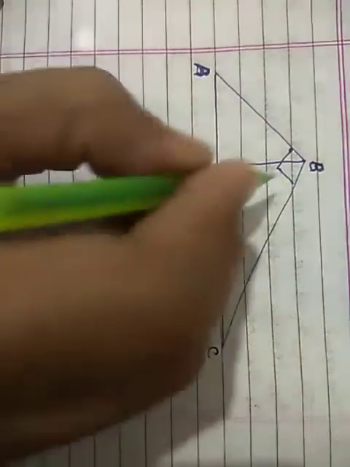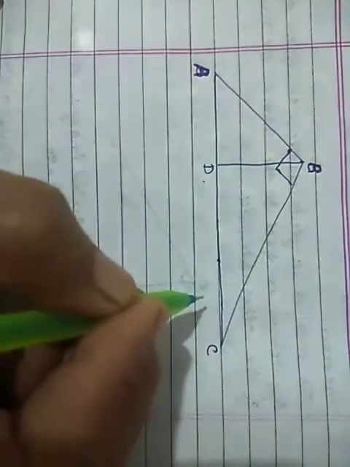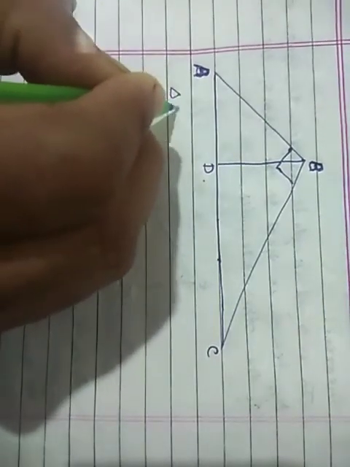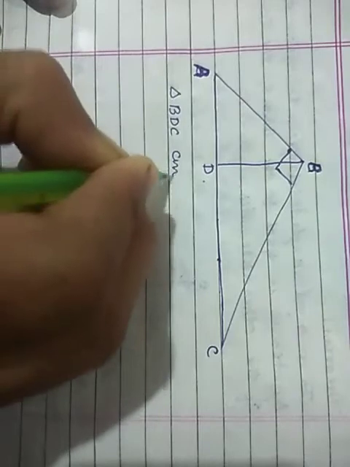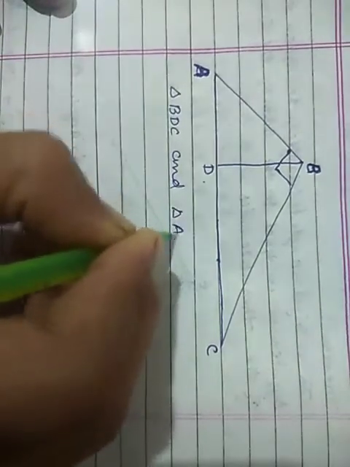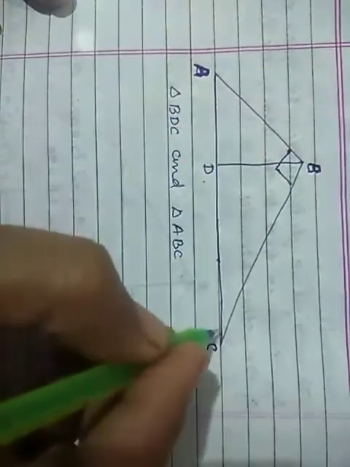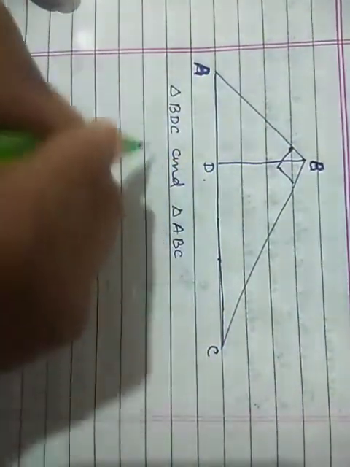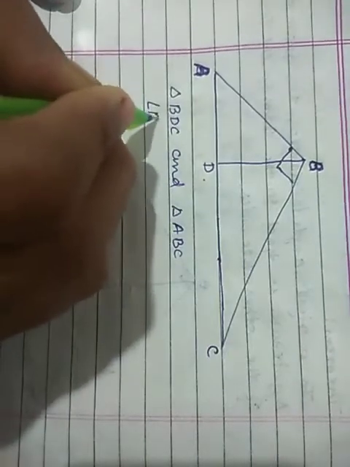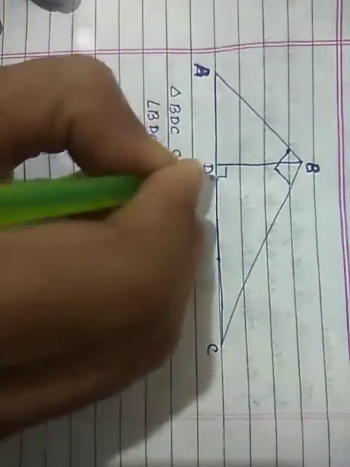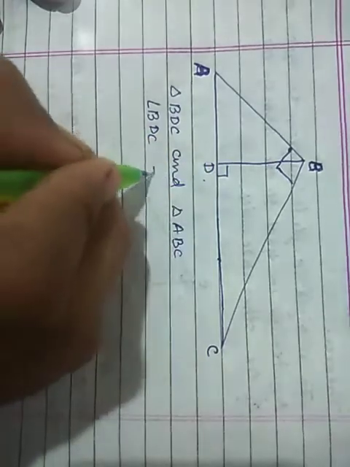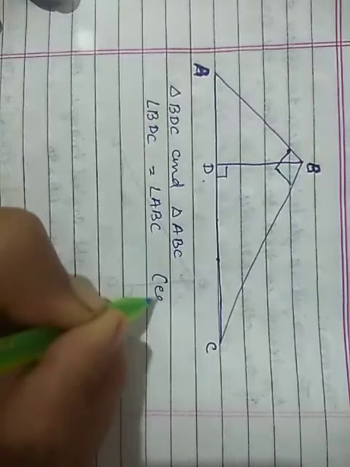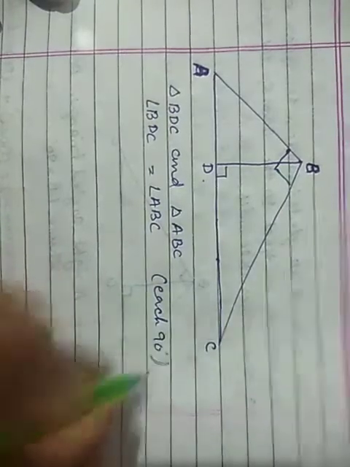Now in triangle BDC and triangle ABC, this small triangle and the whole big triangle, first we'll write whatever is 90 degrees. You can see that angle BDC is 90 degrees here and here angle ABC, each 90 degrees.